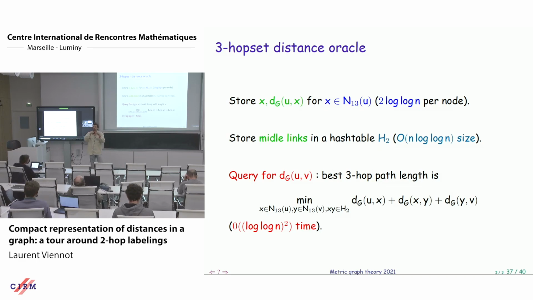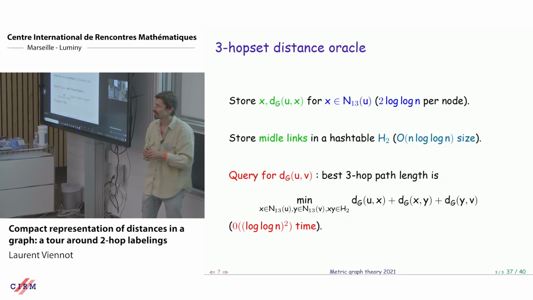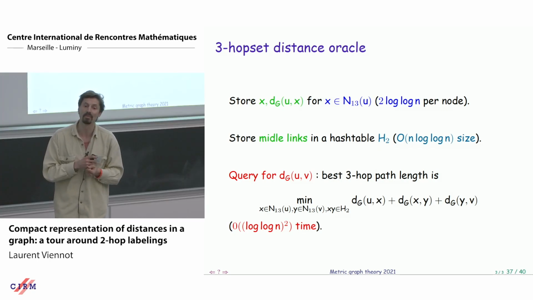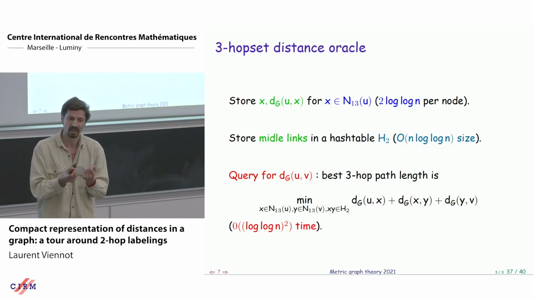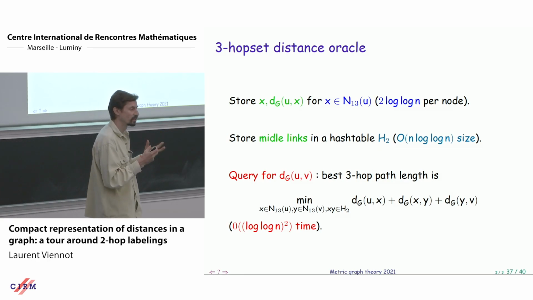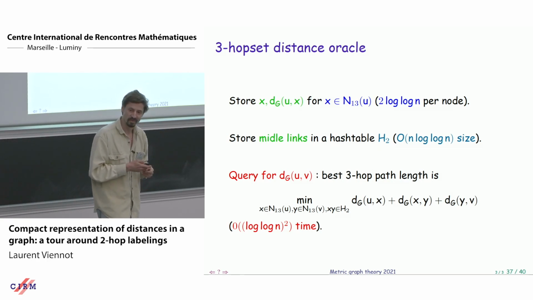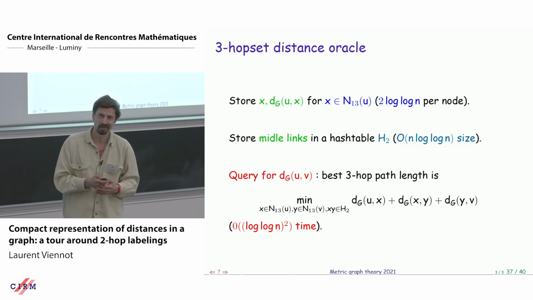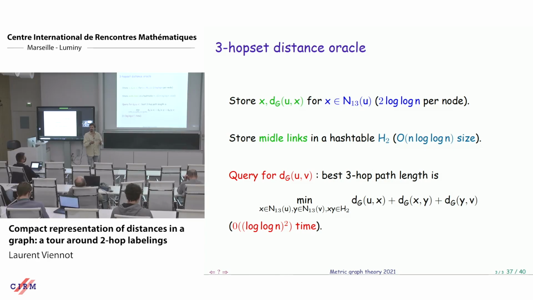If so, you know there is a 3-hop path whose length would be the sum of the 3 distances, and you take the minimum one. It would be the exact distance if you have properly computed your 3-hop construction. I'm being very evasive, but I just want you to get the idea, not the details.